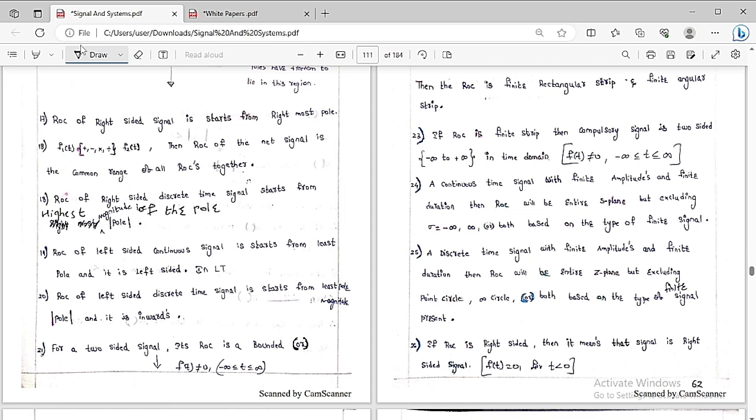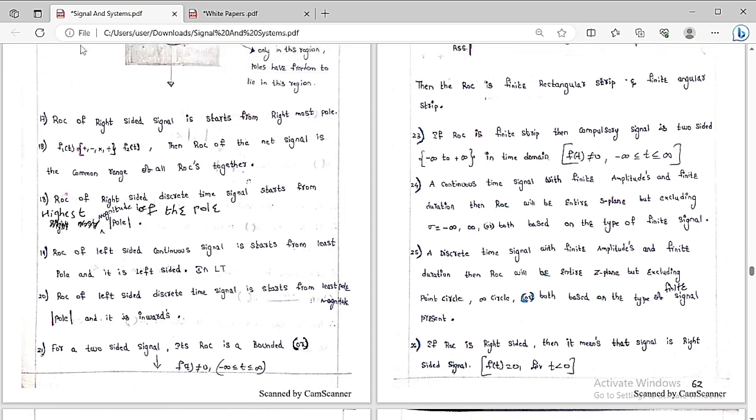Similarly, the ROC of the left sided discrete time signal starts from the least magnitude of the pole. So this point you always have to keep in your mind. The ROC of the right sided discrete time signal starts from the highest magnitude of the pole, and the ROC of the left sided discrete time signal starts from the least magnitude of the pole.